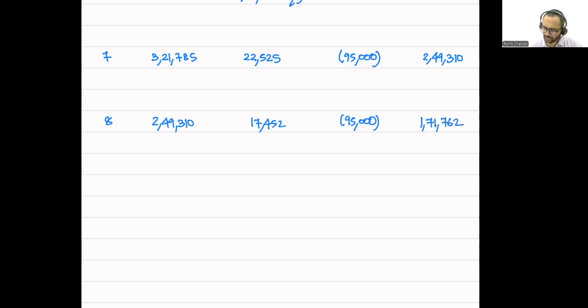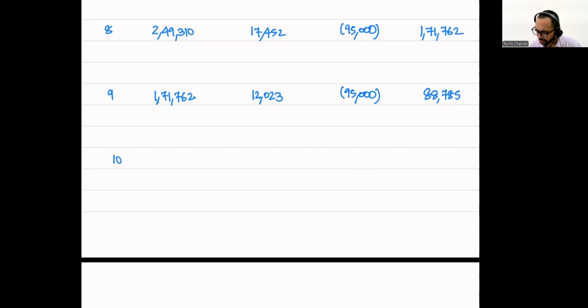At the beginning of year 9, I have 1,71,762 multiplied by 7 percentage, which is going to be 12,023 as the interest, and less 95,000 of lease payment. That will give me a closing balance of 88,785.